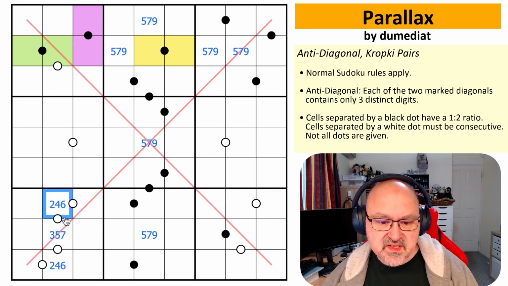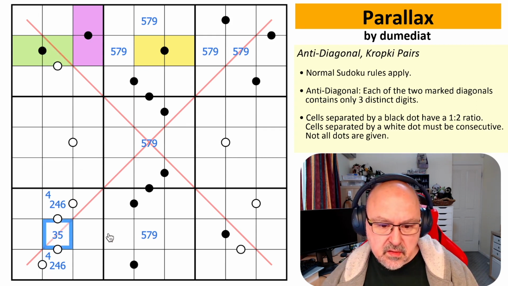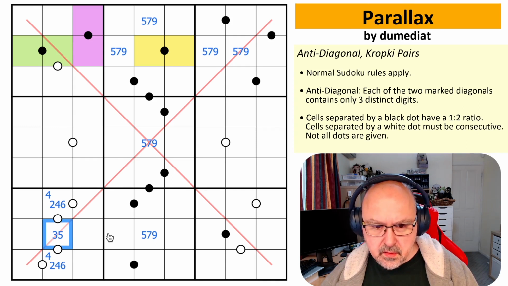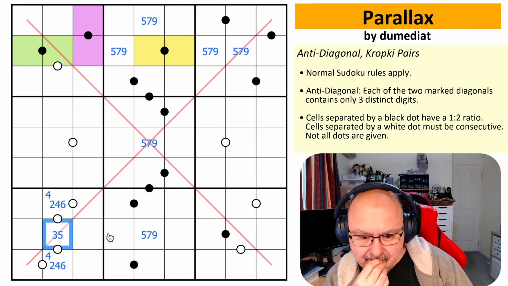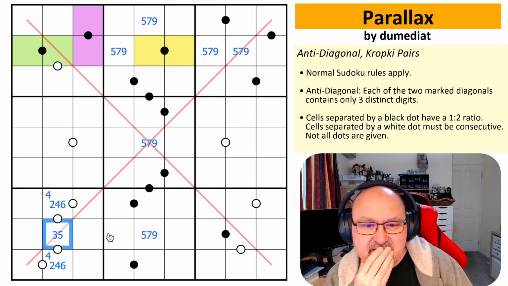So this is 2, 4, 6 and must contain a 4. So this can never be a 4. This can never be a 7. This is very strange.